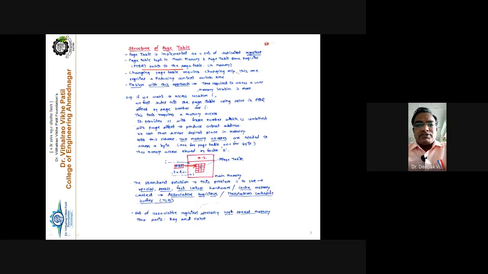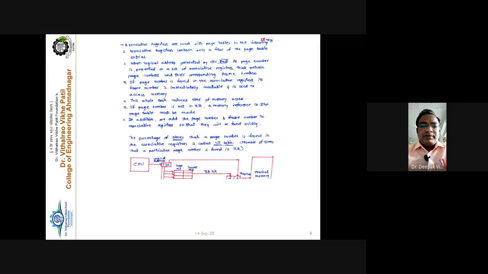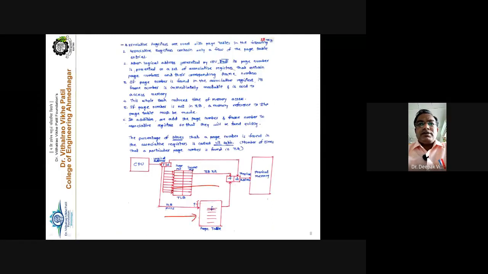If the value is found, the corresponding frame is located immediately. But if the value is not found, then you have to go to the page table, find the corresponding frame number, and copy that value into the translation look aside buffer, so that next time it is required, it can be found immediately. These are fast buffers, which are nothing but cache memory, a set of associative registers.